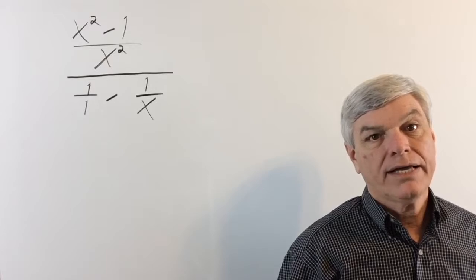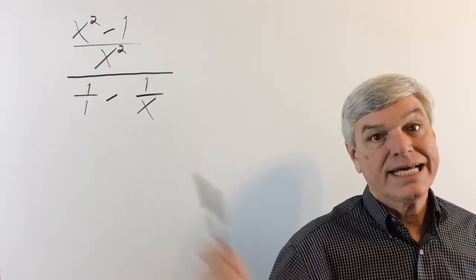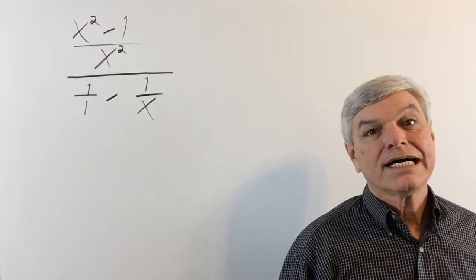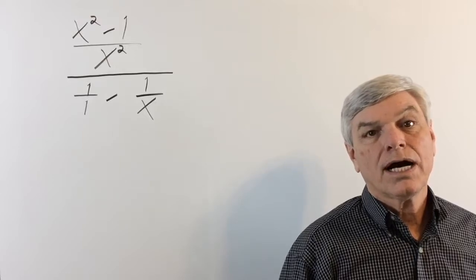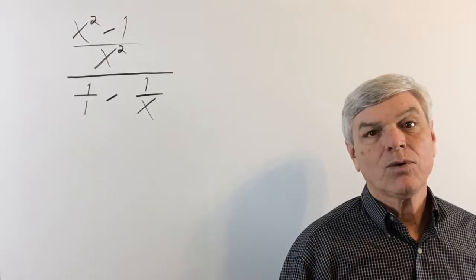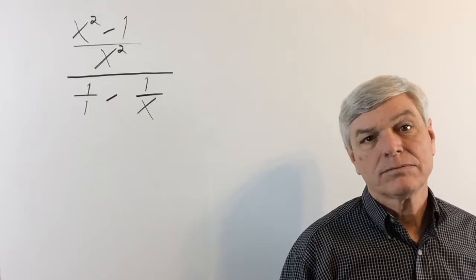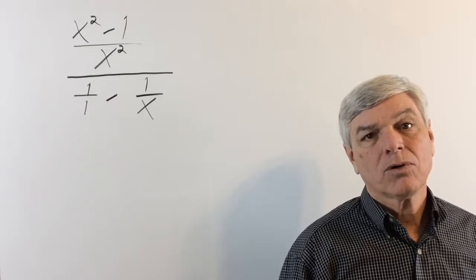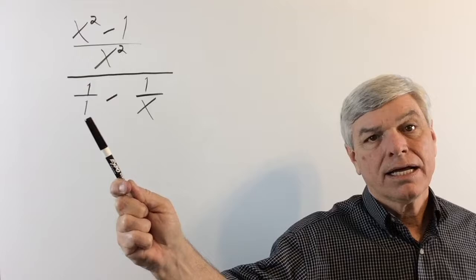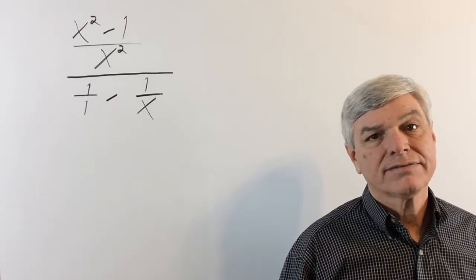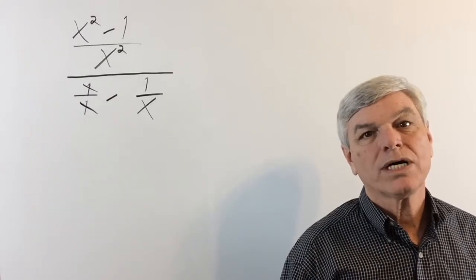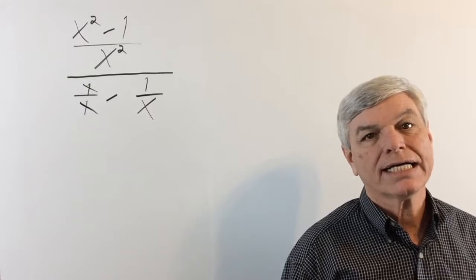And now in the denominator, our common denominator is going to be what? X. Okay? So I'm going to multiply 1 times x. Yeah, 1 over 1 is going to be x over x.